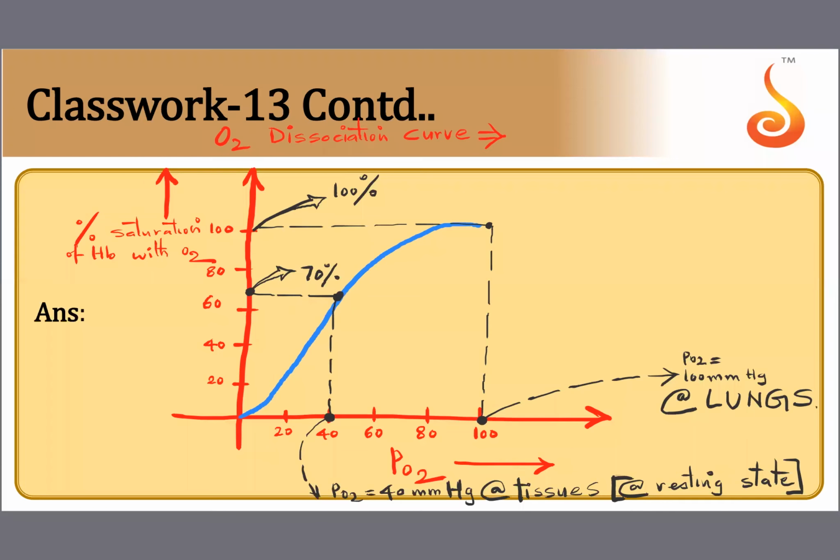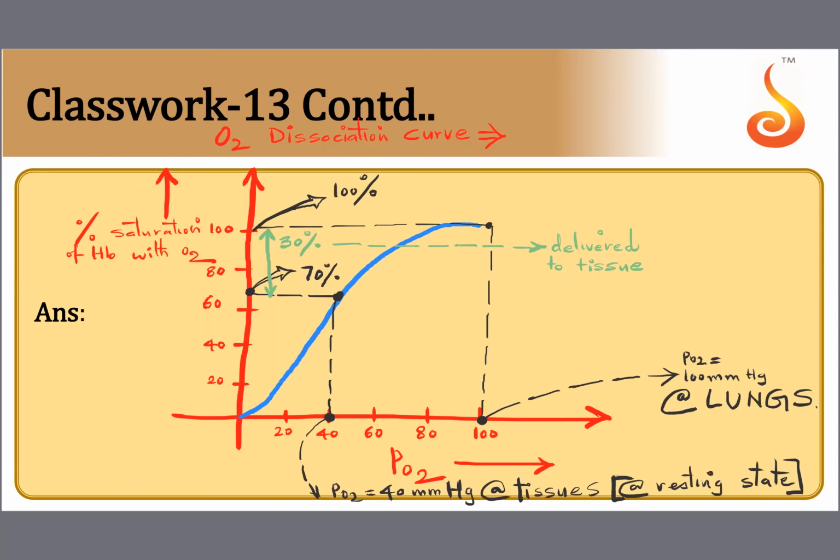The 30% of the hemoglobin molecules that broke up with oxygen, see the difference here, it is 30%. This 30% oxygen that is breaking away from hemoglobin is delivered to the tissues. So this is a normal thing. This is what you can read from the oxygen dissociation curve.